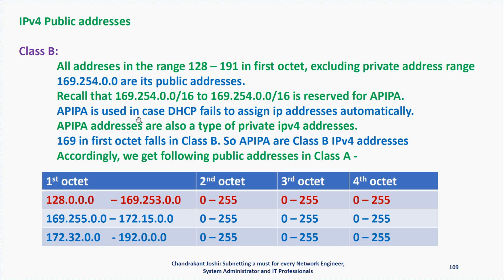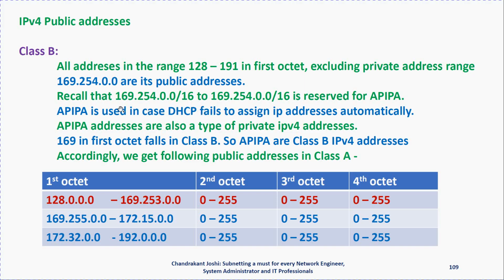This protocol comes into action when your DHCP server fails. So suppose there is a DHCP server in your private network and that is assigning IPv4 addresses automatically to your hosts. If that DHCP server fails or for some reason your host cannot reach the DHCP server, then what will happen?